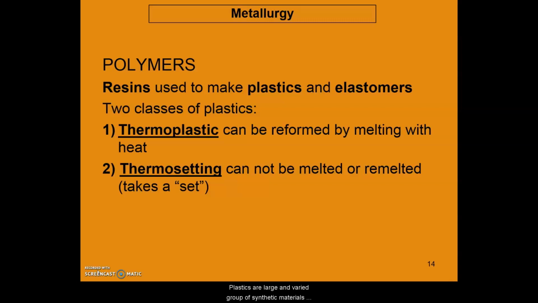Plastics are a large and varied group of synthetic materials which are processed by forming or molding into shape. Just as there are many types of metals, such as aluminum and copper and steels, there are many types of plastics, such as polyethylene and nylon. Elastomers, or rubbers, can be elastically deformed a large amount when force is applied to them, and then can return to their original shape, or almost, when the force is released.